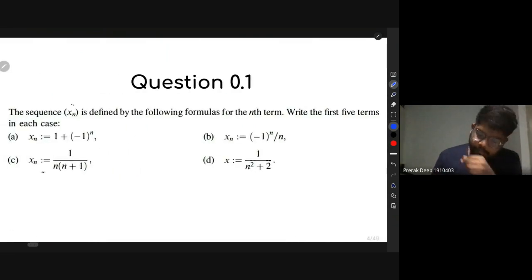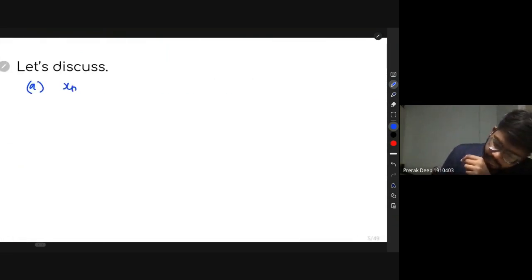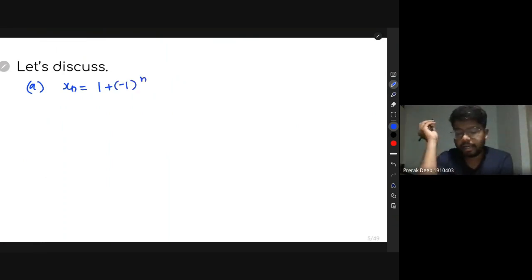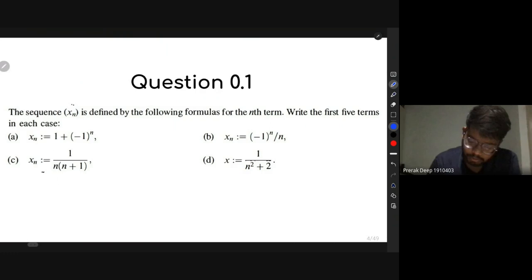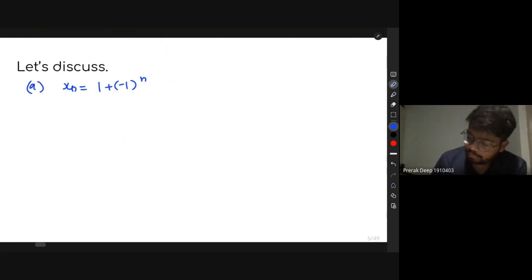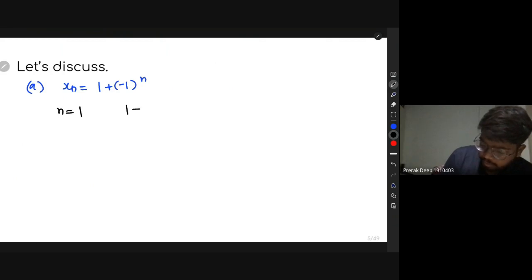xn is given to be 1 plus (minus 1) to the power n. Now for the first five terms: when n equals 1, it is 1 plus minus 1, which is 0.